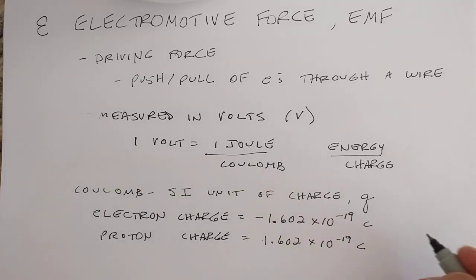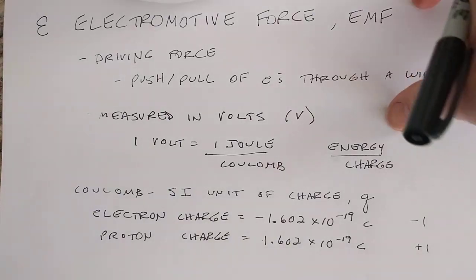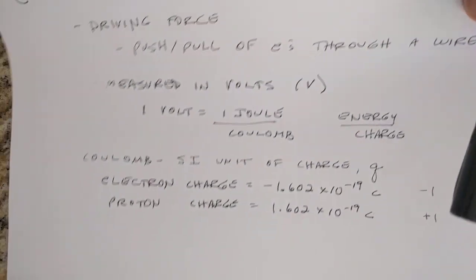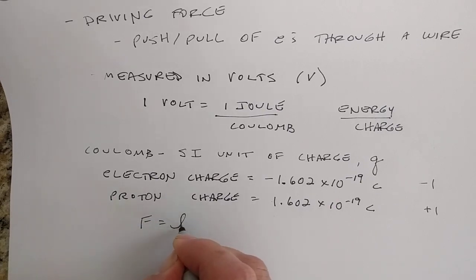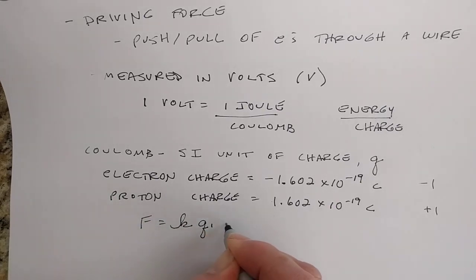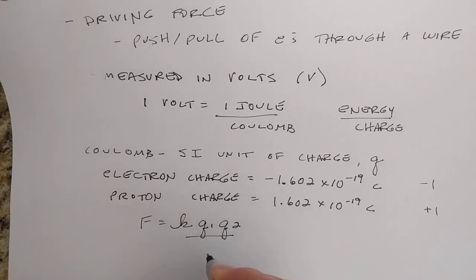So like I said, we've just been talking about electrons as -1 and protons as +1. This is just a relative charge in SI units. This is what we have. So we've done Coulomb's law before, and in Coulomb's law, our formula is F equals K Q1 Q2 over R squared.